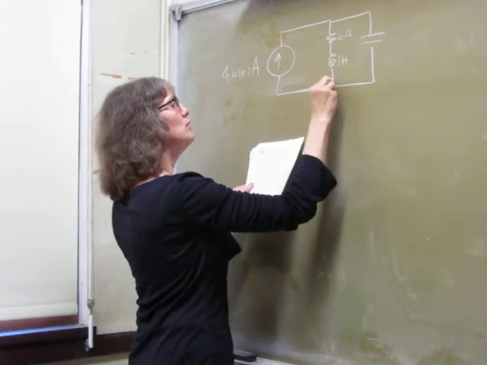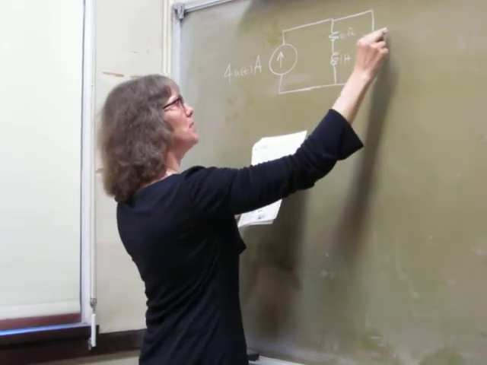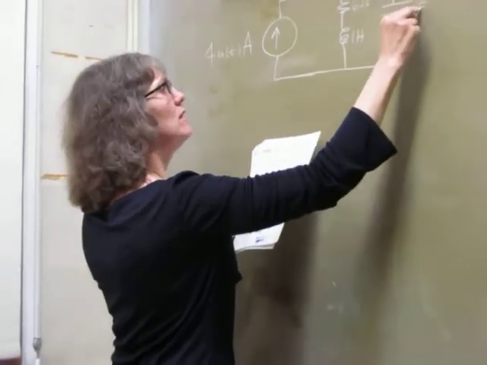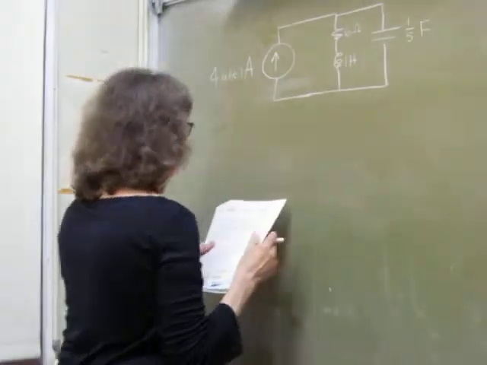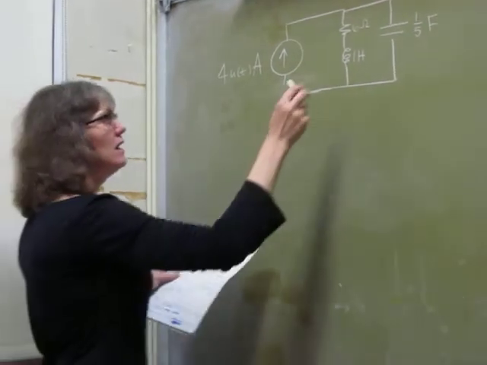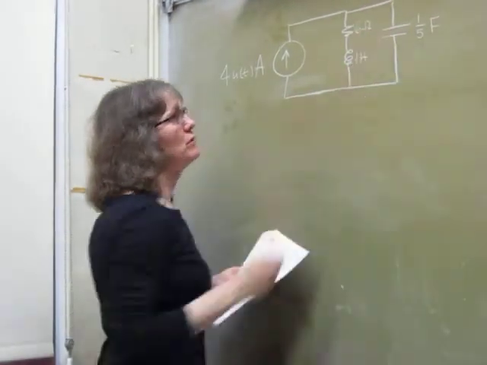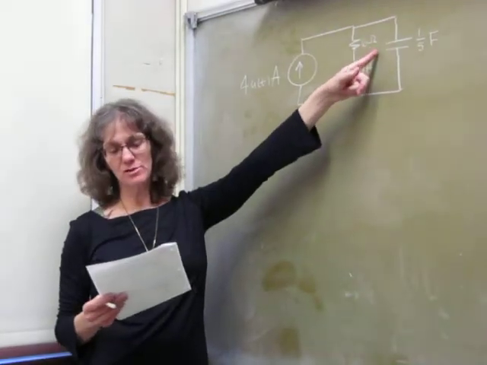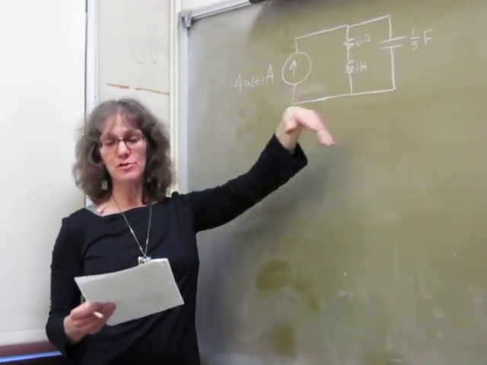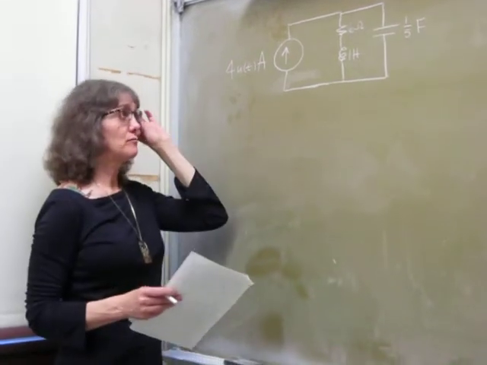The inductor is 1 henry. And the capacitor here is 1/5 of a farad. So there's our problem. What we want to do is find the voltage across the capacitor as a function of time for all time after 0.